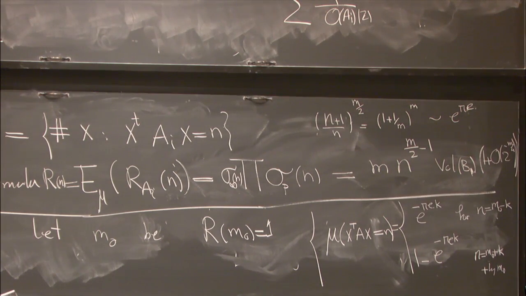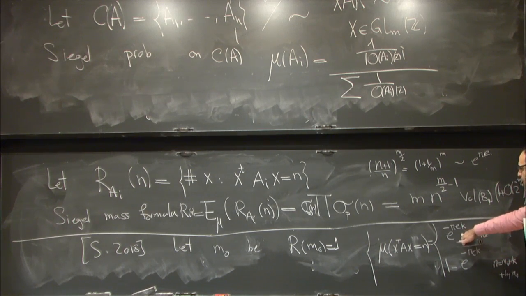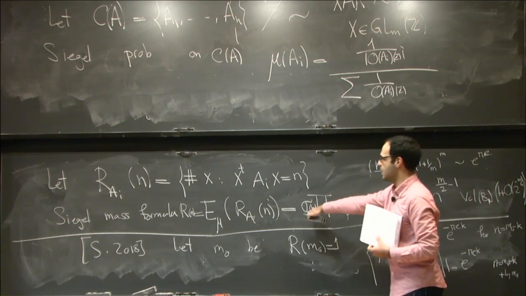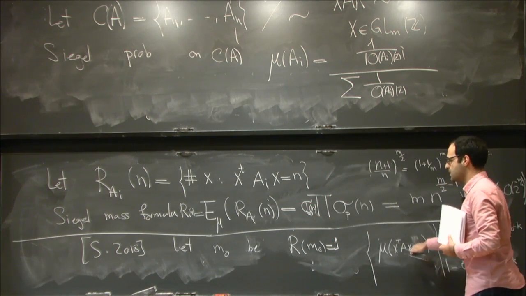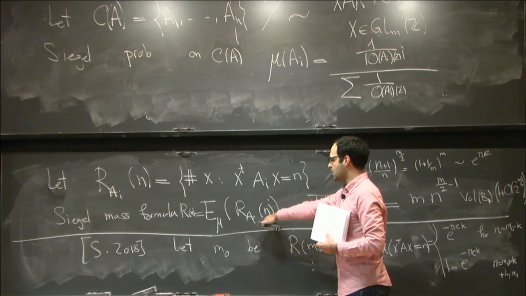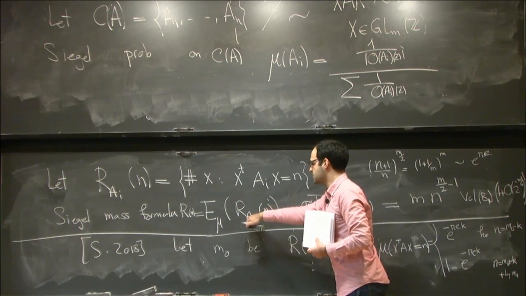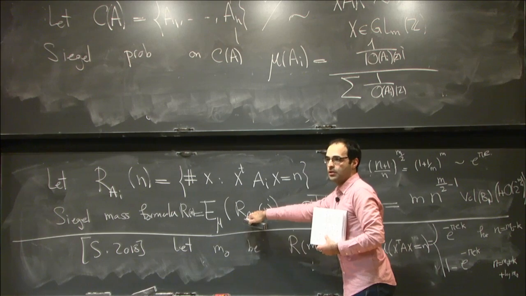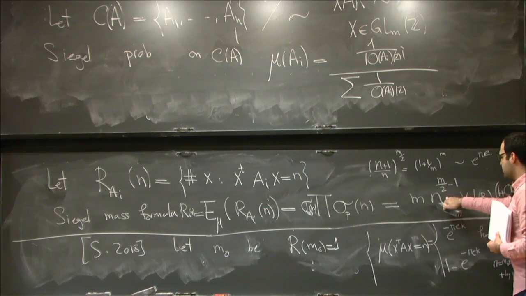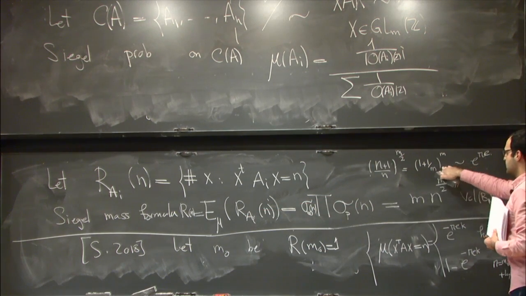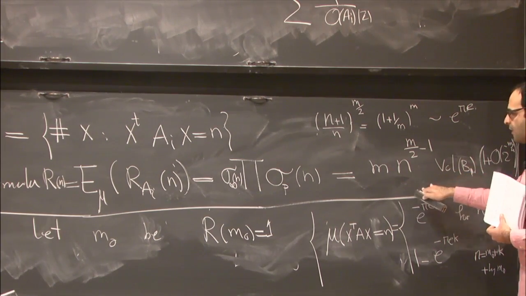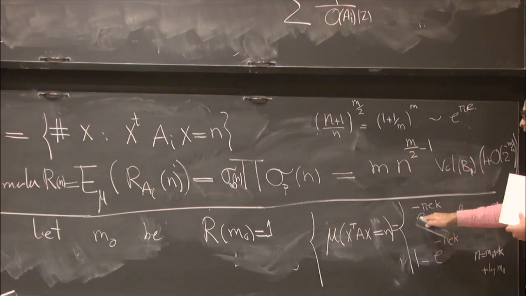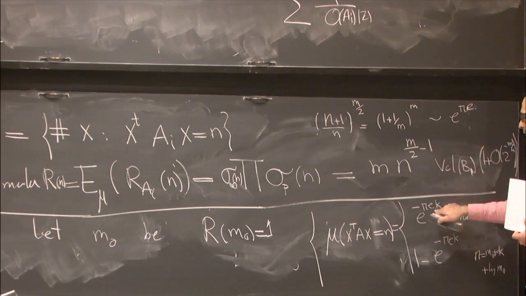So now let me mention what goes into the proof. The proof of the upper bound you can observe here. The probability of representing a number is less than the expected value of that, because this number is 1 or bigger than 1. So if you look at this formula, you can easily see that if you go k units to the left of m naught, you're multiplying with this number to the power k.